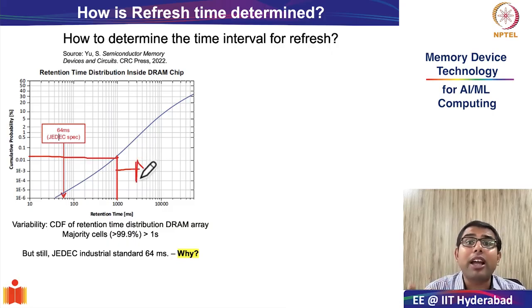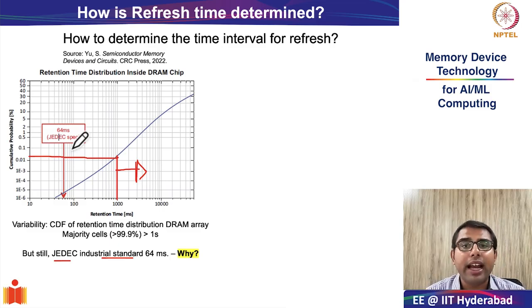That is quite remarkable. You have just very few cells, 0.01 percent of cells, which have retention less than 1 second. However, as you can also see in the slide, there is the JEDEC standard. JEDEC is an industry consortium. Whenever you want to build products, there is a consortium of different companies which sit together and decide the standards.